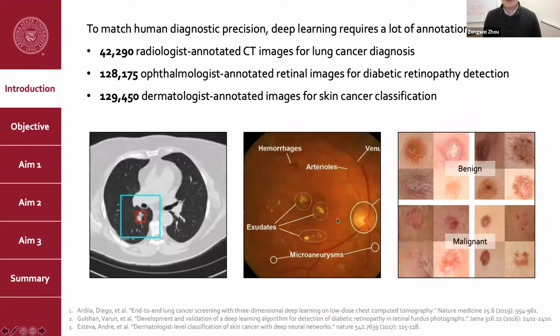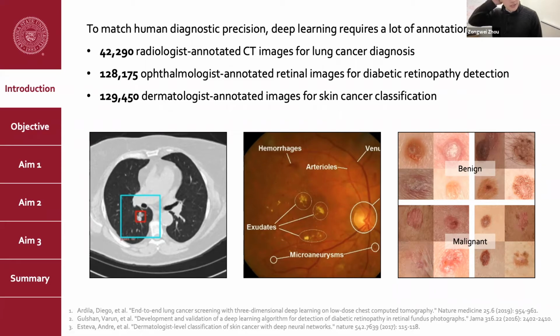I gave you 3 successful examples here, using deep learning to deal with lung cancer, diabetic disease, and skin cancer. These studies demonstrate deep learning can achieve human-level diagnostic precision.